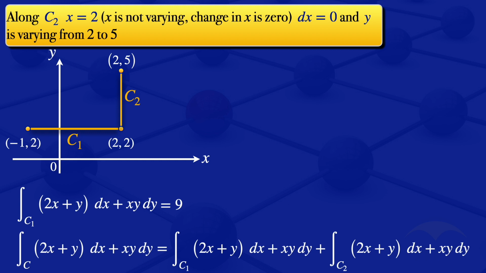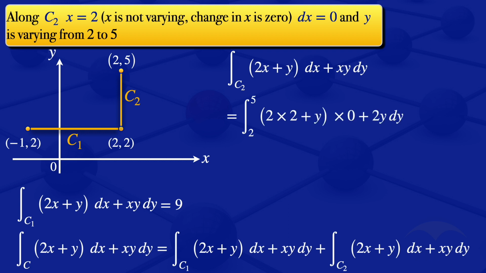When looking at the integral of (2x + y) dx + xy dy along the curve C2, substituting the values I've just listed, we would have the integral from 2 to 5 of (2 times 2, because x is 2, plus y) times 0, just because dx is 0, plus 2y dy.